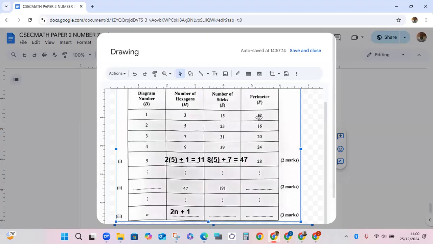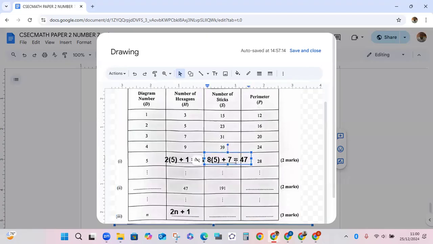So 12 minus 4 will bring us down to 8. So we answer in part 3 one time.